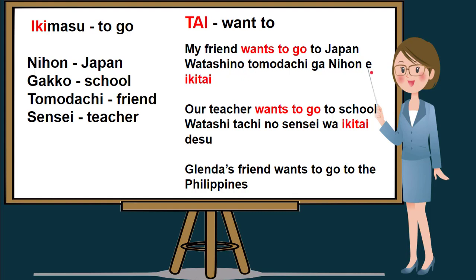So in this sentence, the place here is Nihon, which means Japan. If we translate, my friend wants to go to Japan in Nihongo, it will be Watashi no tomodachi ga Nihon e ikitai. Let's read this once again. Please follow after me. Watashi no tomodachi ga Nihon e ikitai.